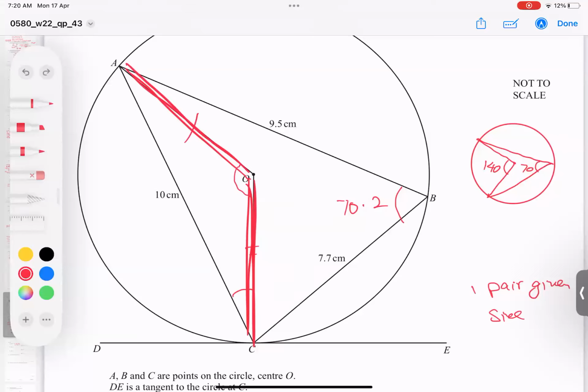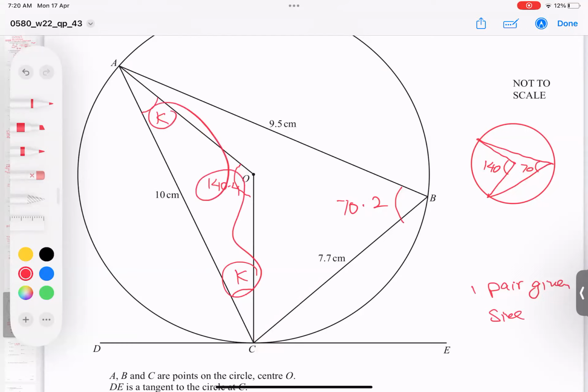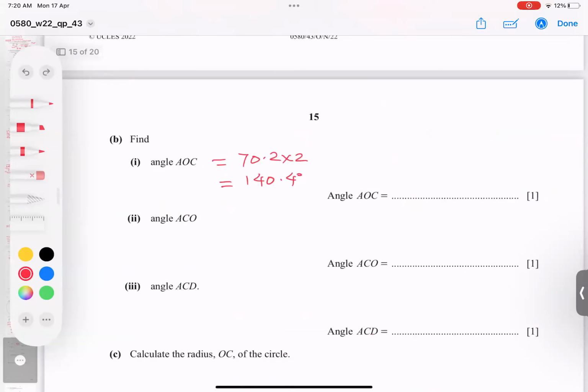Whenever two radii are equal to each other, I can mark this angle K, and this is also K. This angle I got is 140.4. The sum of all three angles equals 180, because the angles opposite the equal radii are the same. So K plus K plus 140.4 equals 180.